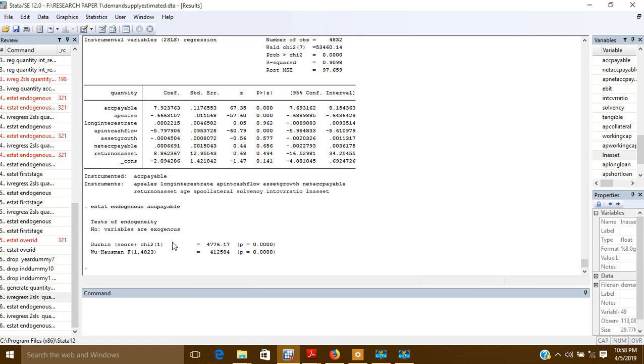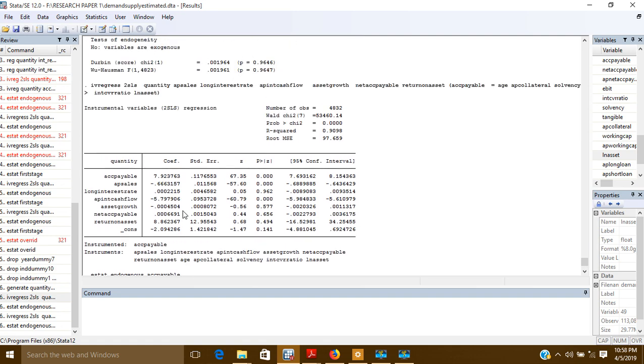Now if you want to check whether the various instrumental variables which you have used for this endogenous variable are strong enough to define this account payable variable or not, for that you can test for overid.